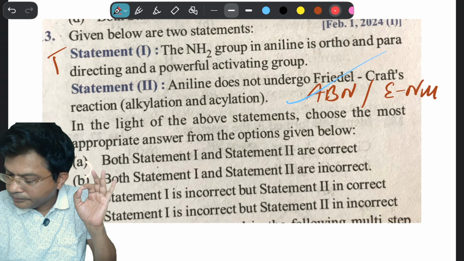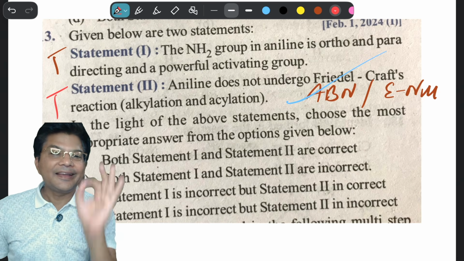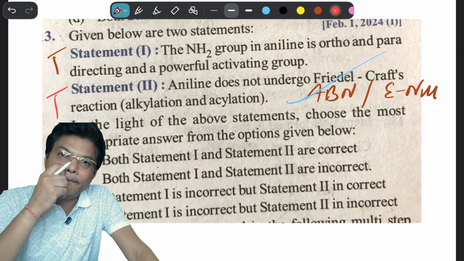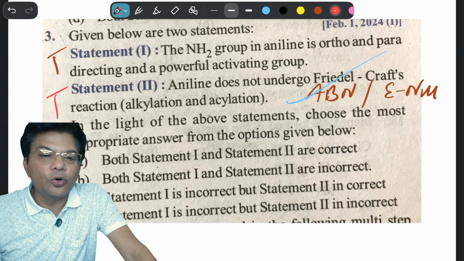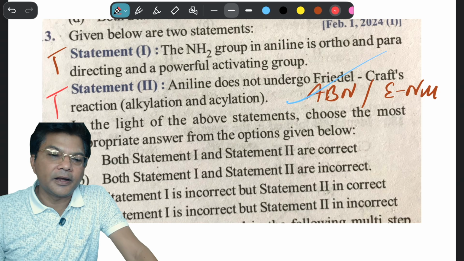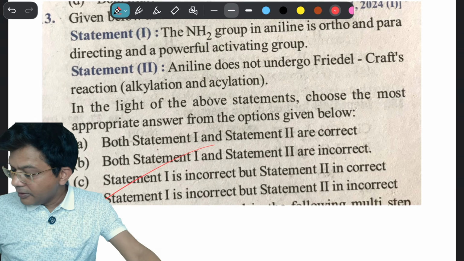Both are true, but second is not the reason of first one. The reason would have been that nitrogen is having lone pair and that is showing plus M effect. That's why it is ortho para directing. So the answer is in front of you.